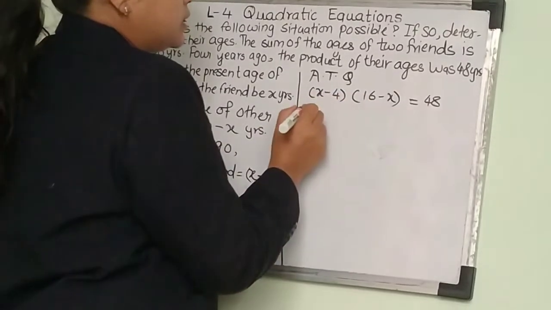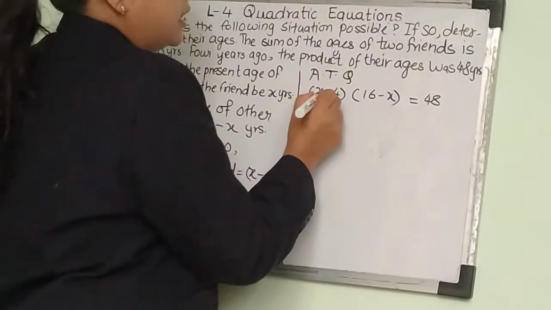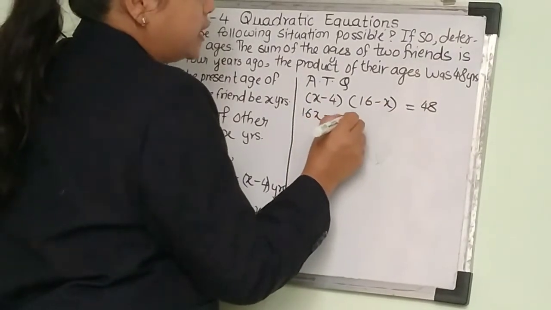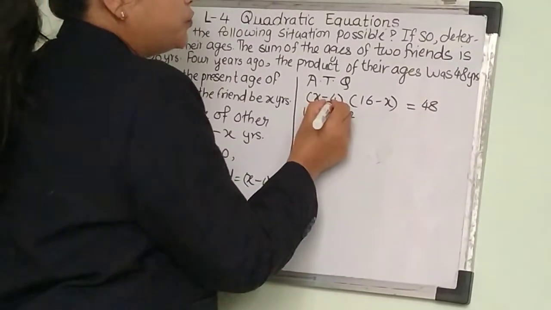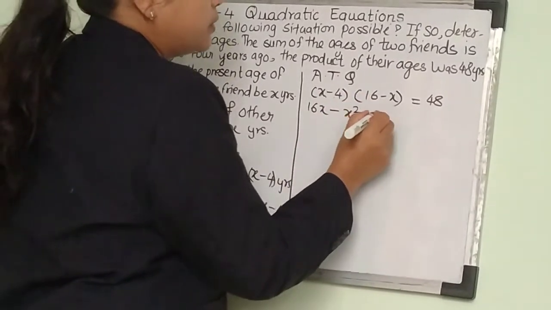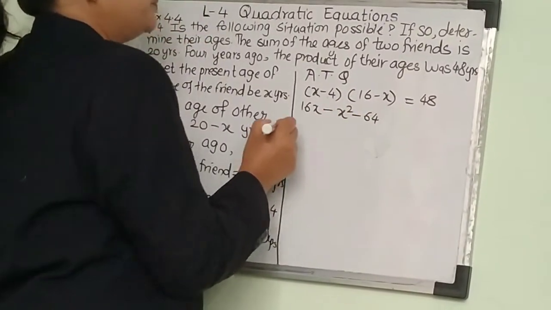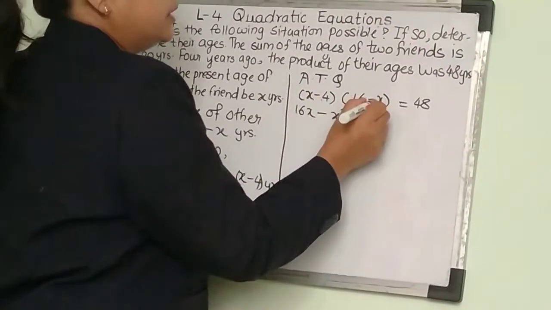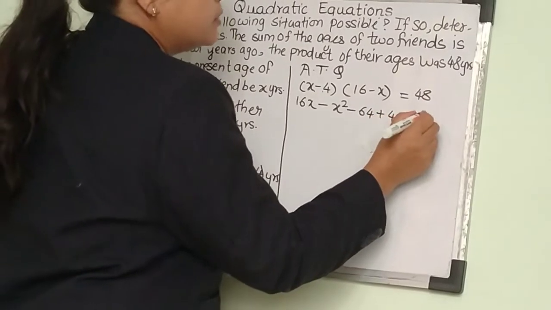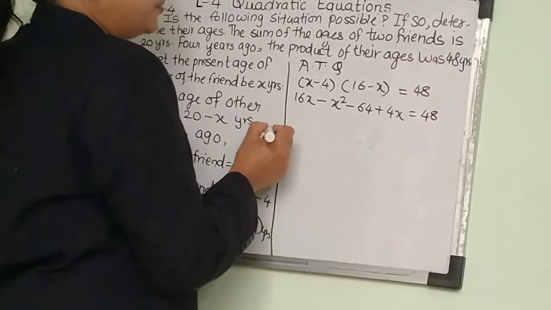Now x into 16, that is 16x, plus x into minus x, that is minus x square, minus 4 into 16, that is minus 64, and minus 4 into minus x, it will be plus 4x, equals 48.